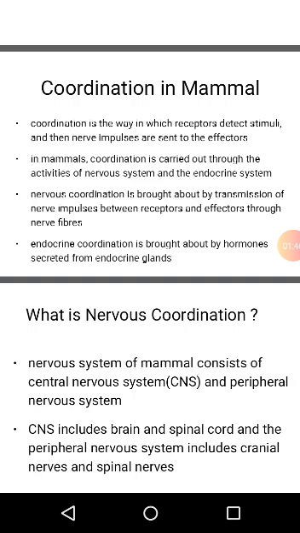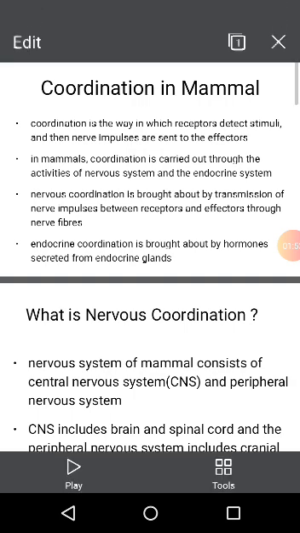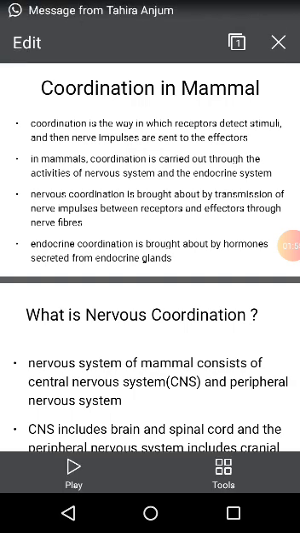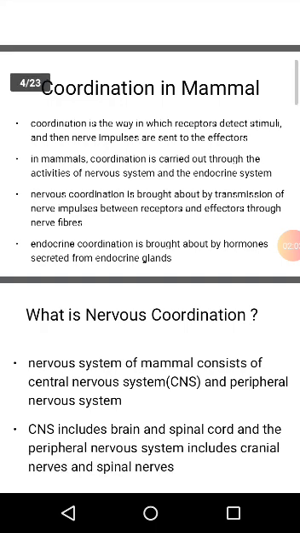In mammals, coordination is carried out through the activities of the nervous system and the endocrine system. So two systems are involved. Nervous coordination is brought about by the transmission of nerve impulses between receptors and effectors through nerve fibers.